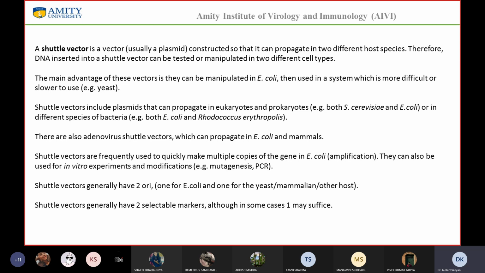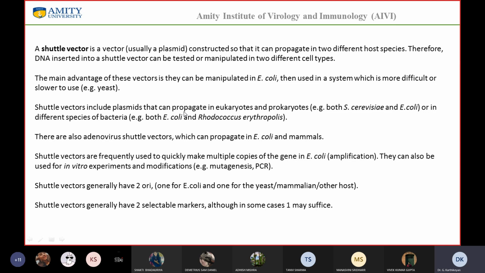Some of these shuttle vectors can propagate between eukaryotes and prokaryotes, some between two different prokaryotes. For example, there are certain plasmids which are useful in a species of bacteria called Rhodococcus erythropolis, which is a different bacteria. So you may need to do certain modifications in E. coli, and then you can go back and do all the manipulations in Rhodococcus.